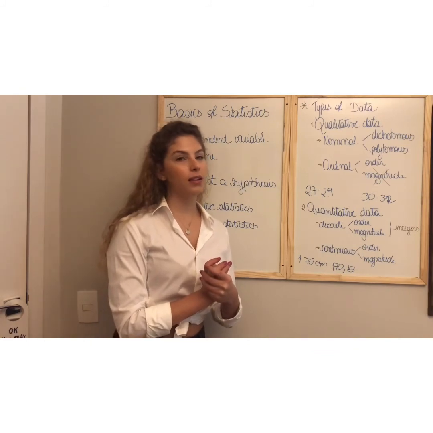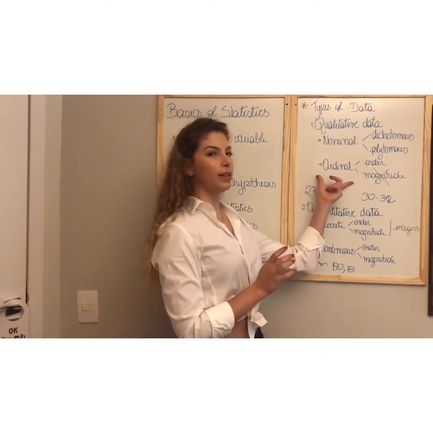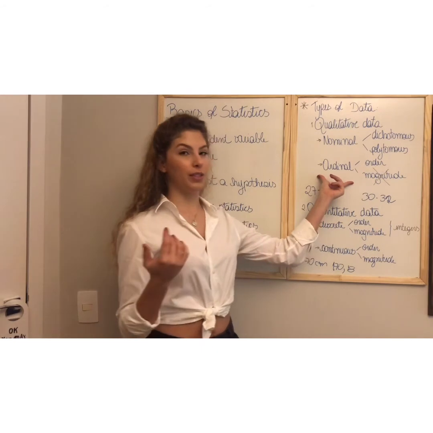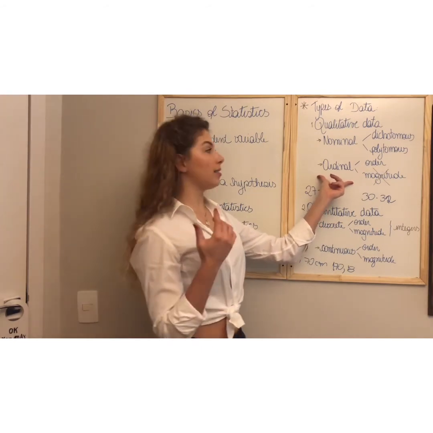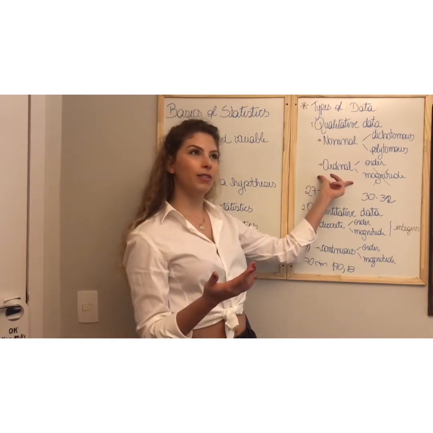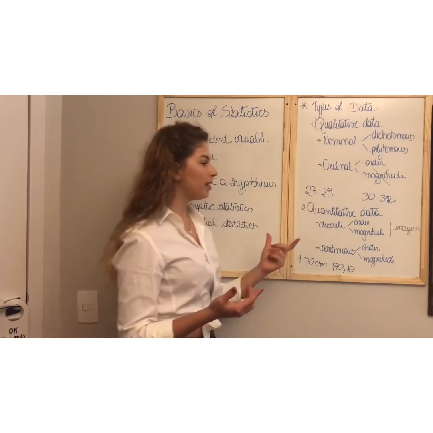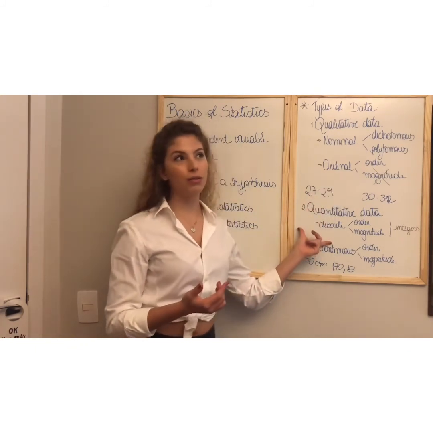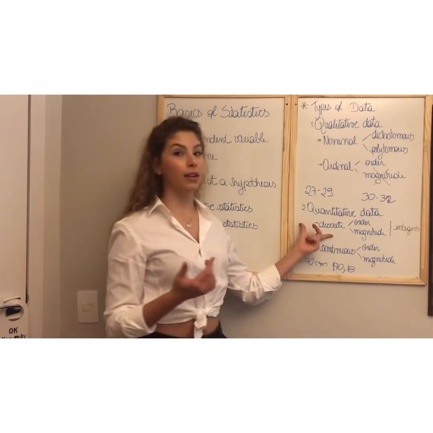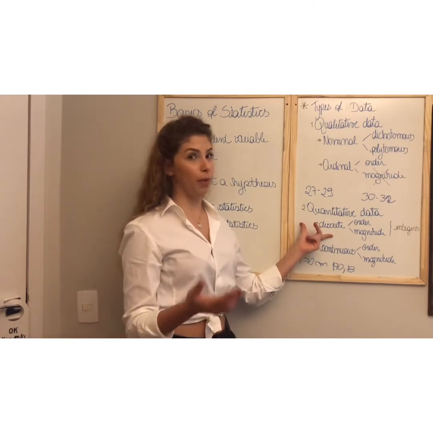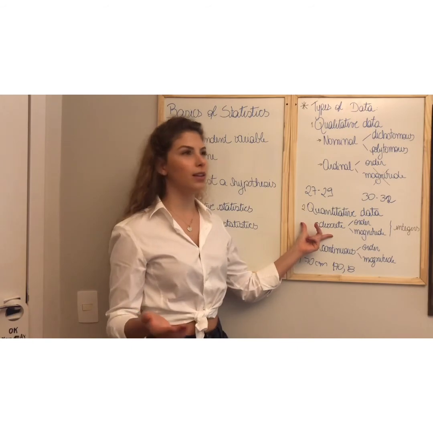But we can also say that ordinal data can be represented by numbers. It accepts a limited number of categories, and is possibly small. And we can go to discrete data, and we can also say that it accepts a possibly small number of numbers.